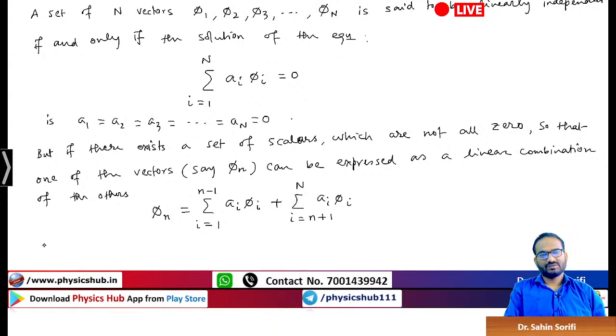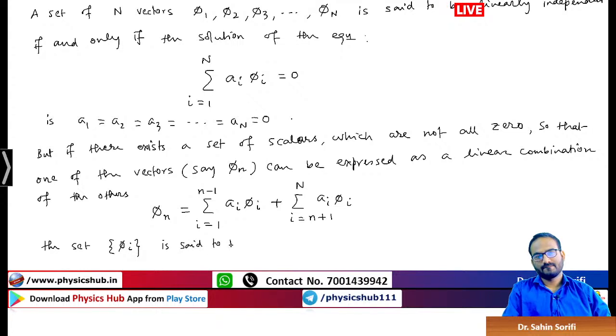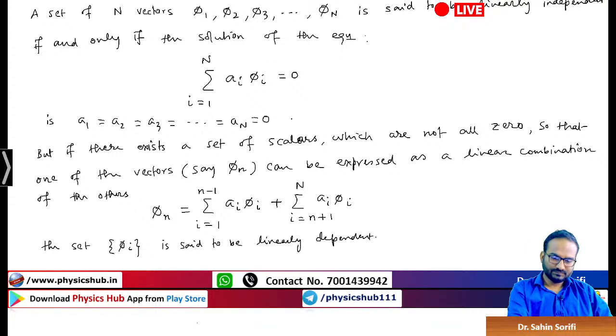So this set phi i represents the whole set phi 1, phi 2, phi 3 up to phi N. This set is said to be linearly dependent. Is it clear? This linearly dependent thing.